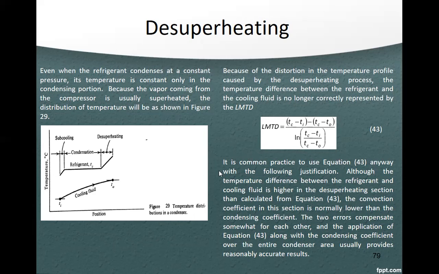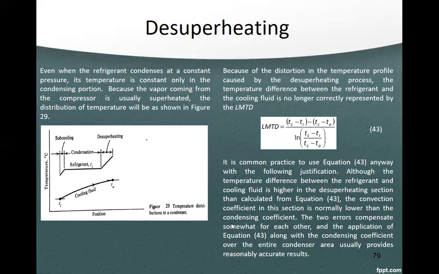But it is common practice to use equation 43 anyway with the following justification. Although the temperature difference between the refrigerant and the cooling fluid is higher in the superheated section than calculated from equation 43, the convection coefficient in this section is normally lower than the condensing coefficient.